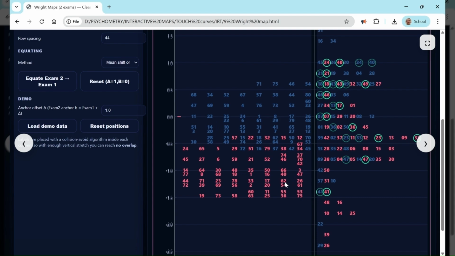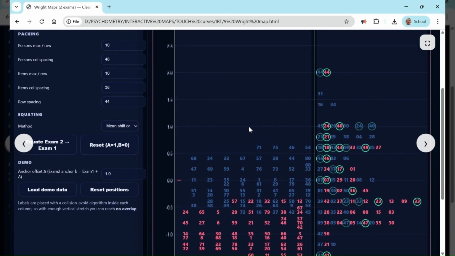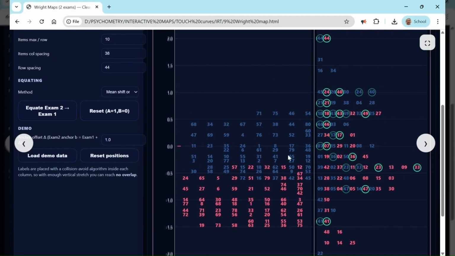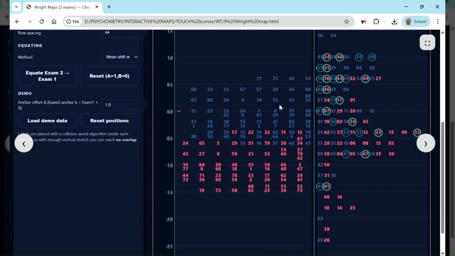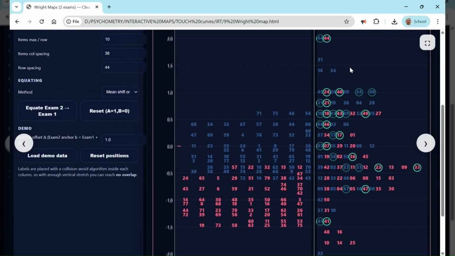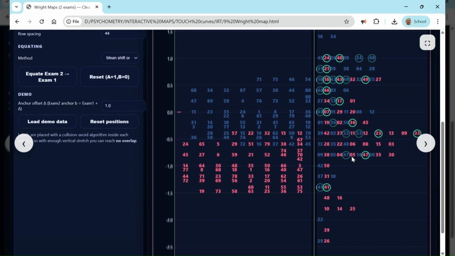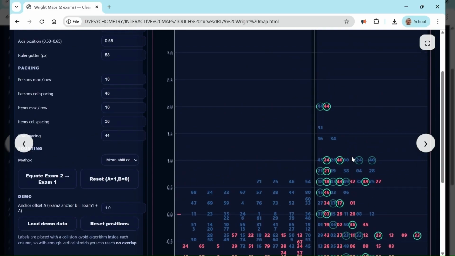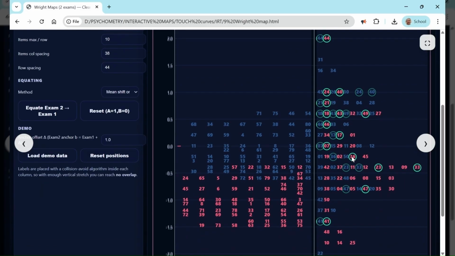So the red question students are less able than the blue question students. So that's the nice thing about equating. We put them on a common ruler, both horizontally and vertically. Ability of students is on the common ruler, and also the difficulty of questions is under a common ruler. So this makes them more objective because they are comparable outside the exam, if the other exams are also Rasch fit.